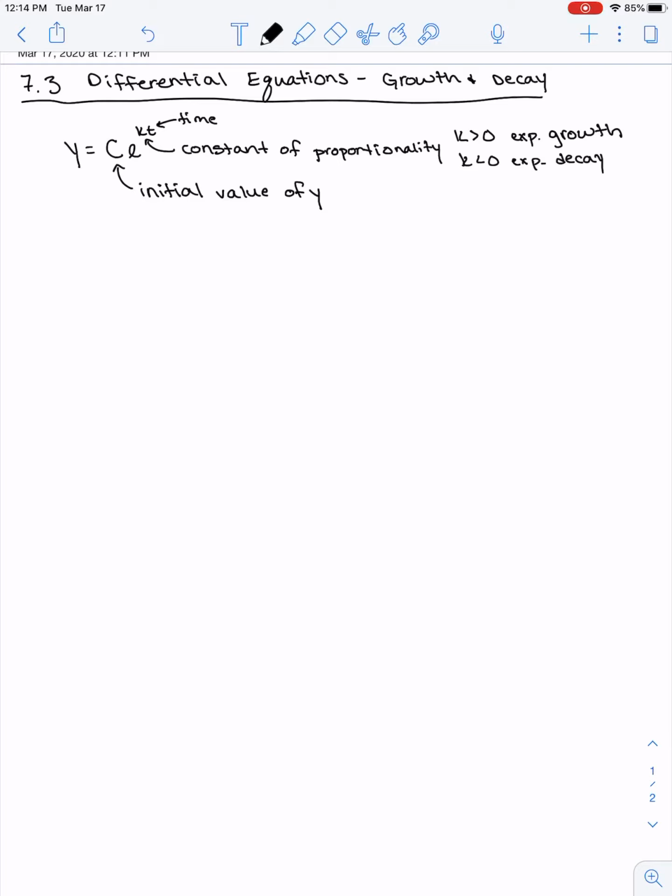So if we think about our differential equation, let's first think about, okay, we have some change in y that is dependent on some change in t at some proportionality constant, k, for some value of y.